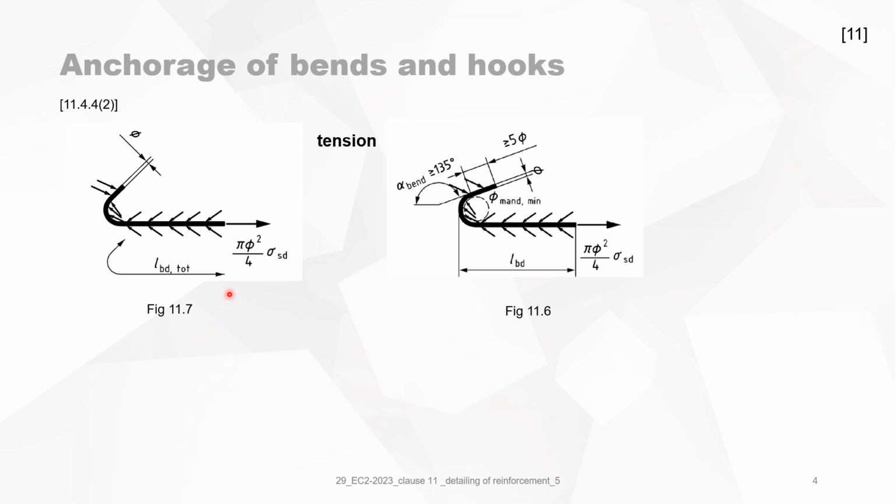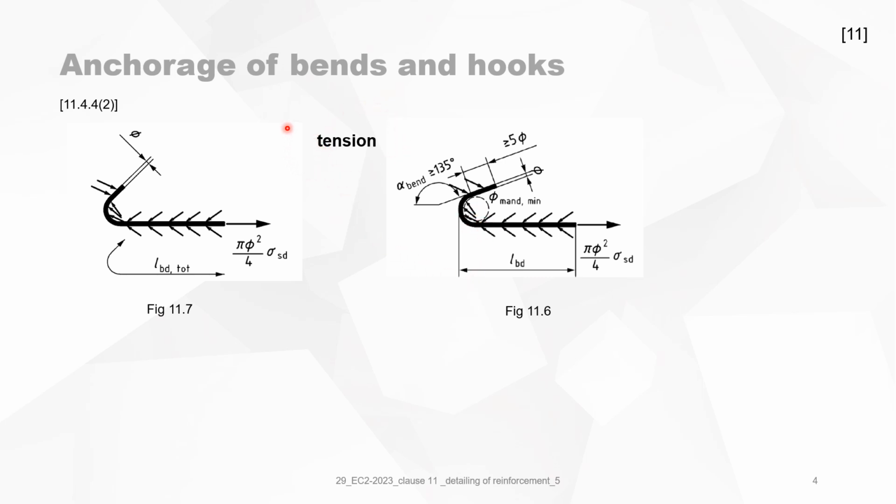11.7 indicates the total length, LBD total, the total length of the rebar in a hook or a bend, indicating the tension force. And it gives you, for instance, for a standard hook of 135 degrees, the 5 phi again, with phi mandrel, the diameter of the mandrel.